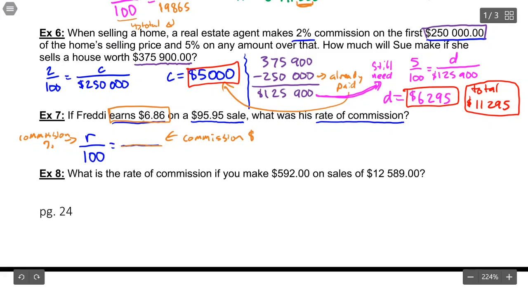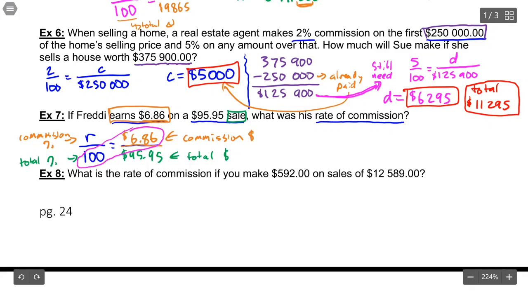So this commission, how much they earn for their commission is $6.86. And the numbers underneath, of course, are total. So the total percent is always 100. And in this case, the total is the total dollars, which is the sale amount. And so that's $95.95. So in this case, we are going to cross multiply this way.